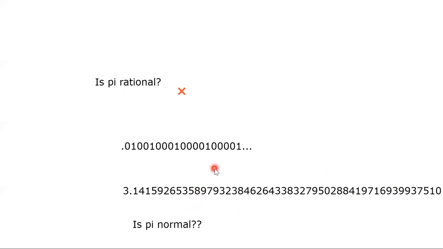So the really cool thing about this is if you pick any string, say a phone number or someone's social security number, the idea is if pi is normal, then even though you have a string of numbers that are really long, the probability of it occurring is positive.